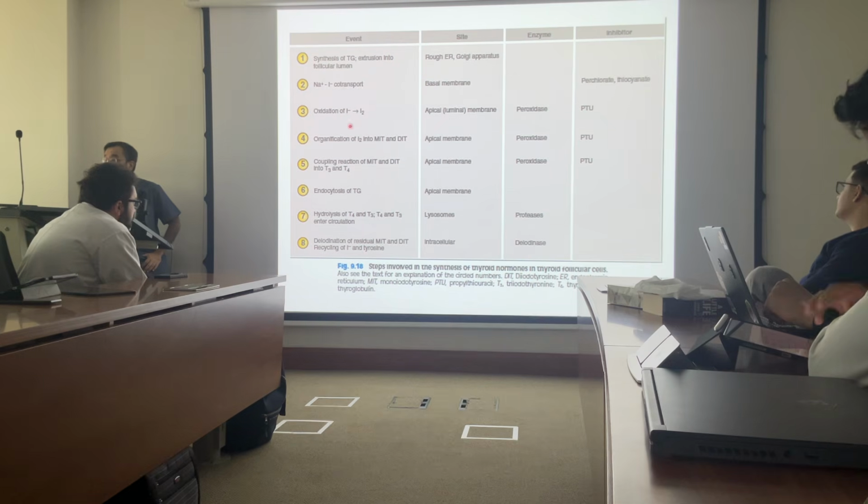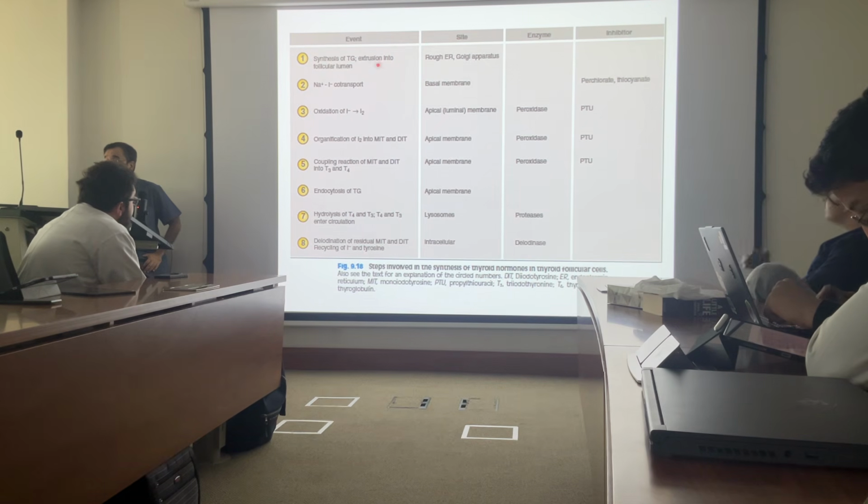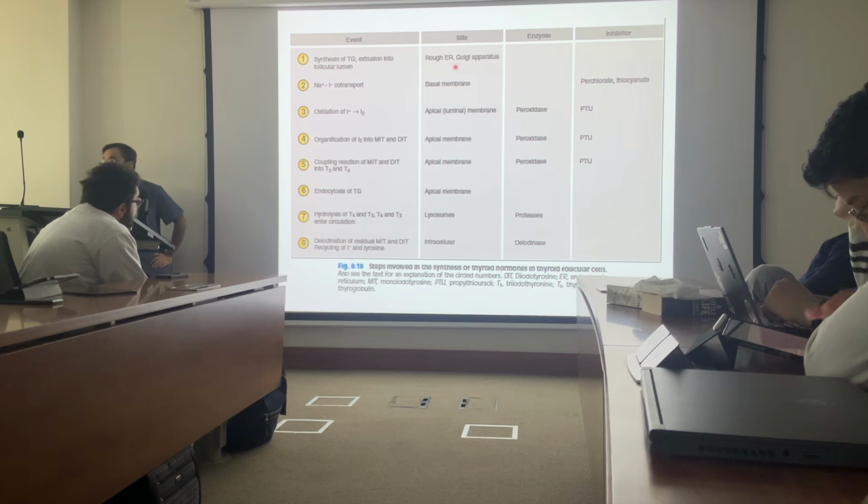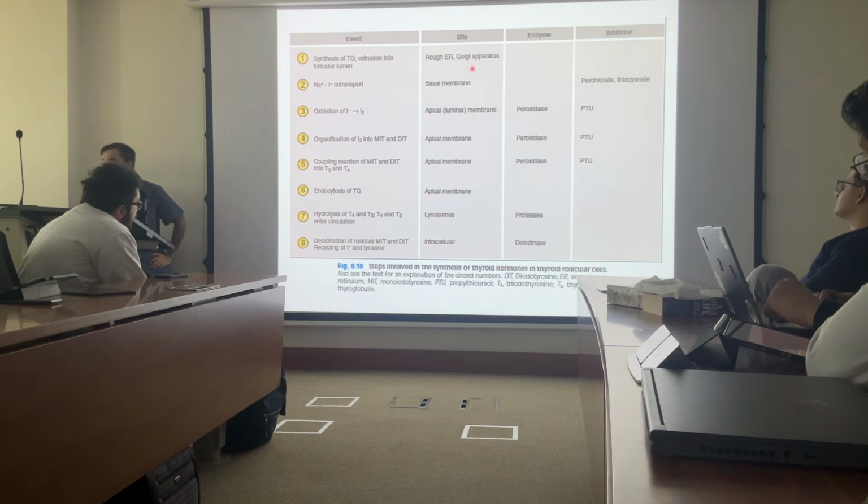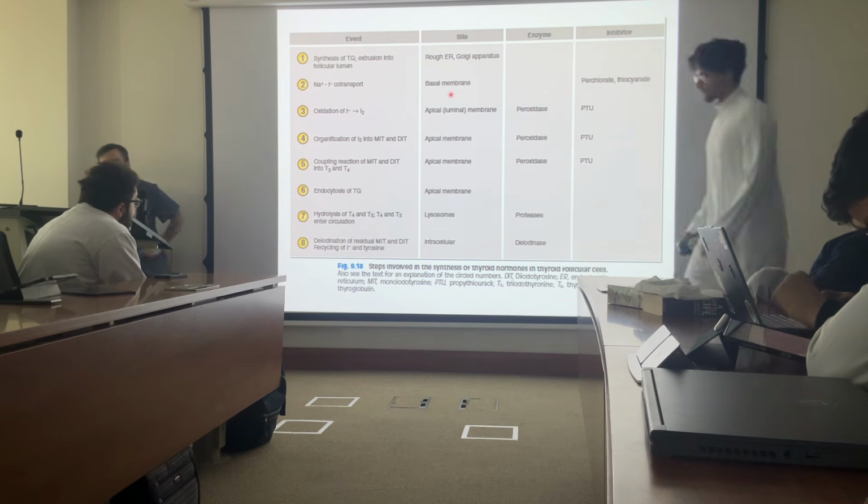We can see it here: the synthesis of thyroglobulin and extrusion into the follicular lumen. This is through the rough endoplasmic reticulum and the Golgi apparatus of the thyroid follicular cells. Then you have the sodium iodide cotransport, which is present at the basal membrane. This would actually put iodide into the cells.